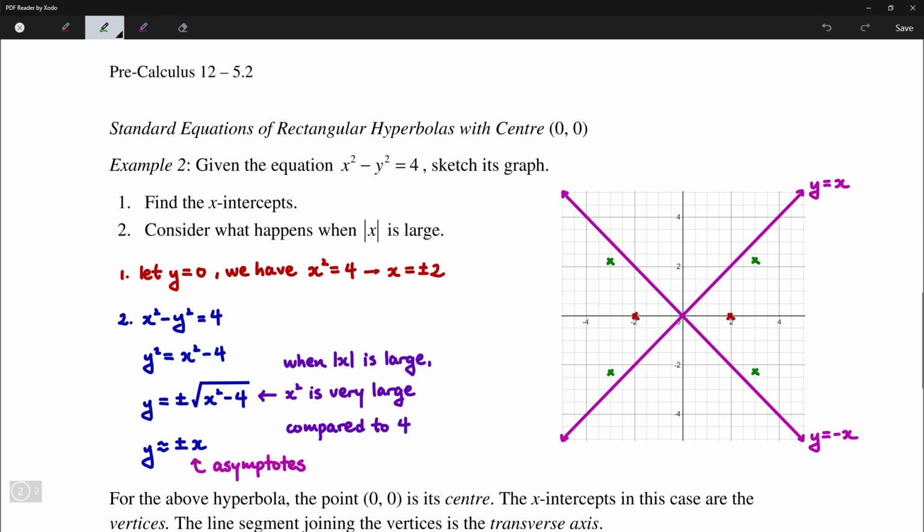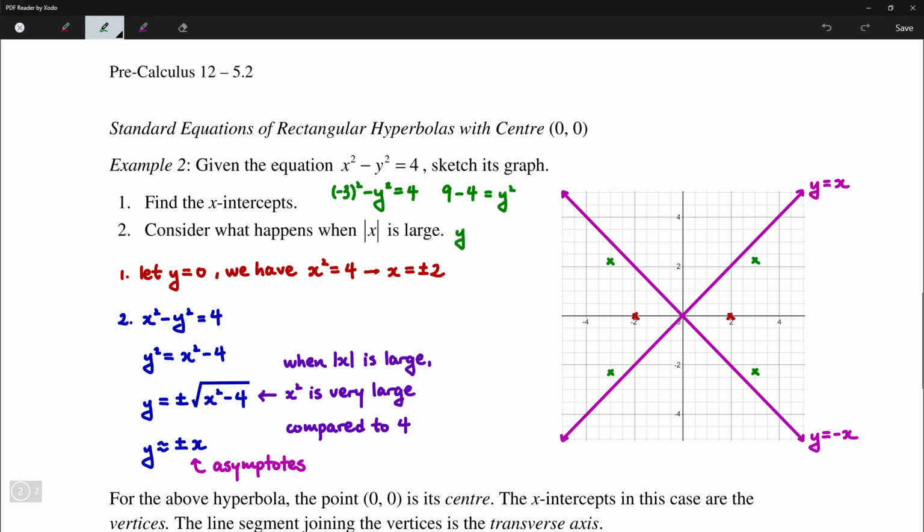So the location again, just using a table of values, so let x equal negative 3 and then solve for y. So for example here, let's say we let x equal negative 3, and then we solve for y. This is what's going to happen. Then, of course, we can rearrange the terms. 9 minus 4 is equal to y squared.